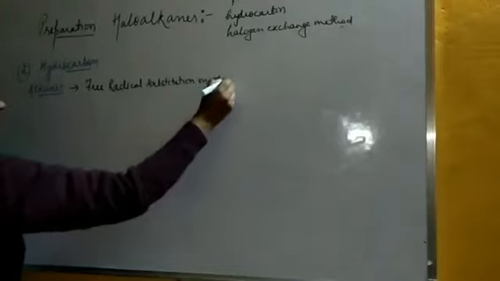Now students, we will discuss another method of preparing the haloalkane, that is from the hydrocarbon. So for hydrocarbons, we have alkane, alkene and alkyne. For alkane we have the free radical substitution method.